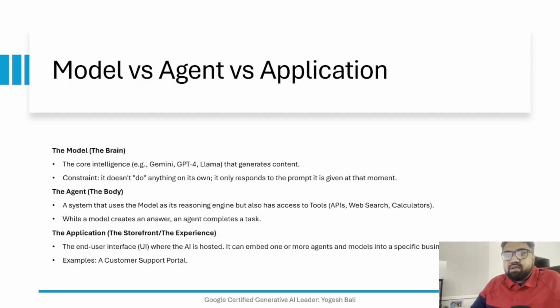It can be a chatbot, a mobile app, or a web app that the user uses to make a query, and in the background it activates one or more agents which call models and accordingly give the response. So the model is to generate content, the agent is to achieve some goal, and the application is the user interface which activates the agents.